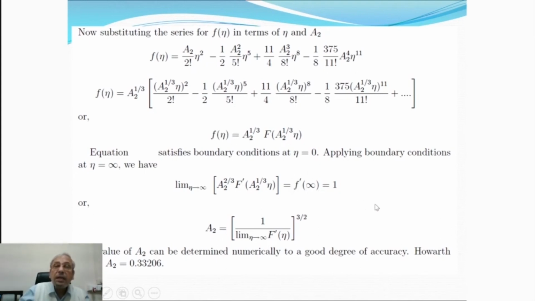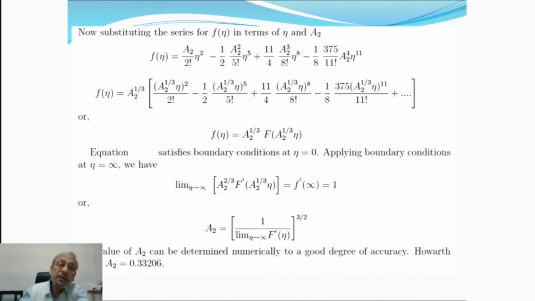We know at y equal to infinity, u/u infinity equal to 1, because at y equal to infinity or eta equal to infinity, u becomes equal to u infinity, the velocity outside the boundary layer. It has reached the boundary layer interface, and when it goes outside the boundary layer, it is u infinity. So u/u infinity equals 1 just at the edge of the boundary layer.